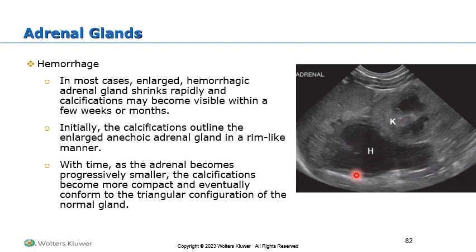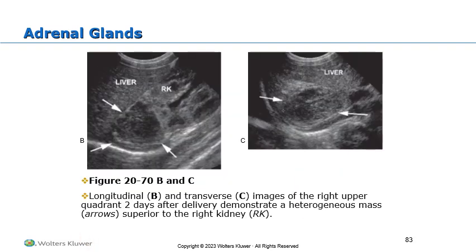Initially, the calcifications can outline the anechoic adrenal gland like a rim. Hopefully, those will break down and the calcifications will become more compact and then look more triangular as that adrenal retakes its V or Y shape. Here's an example of a larger hematoma, and it's in its complex stage here, and they're going to be monitoring this for regression.